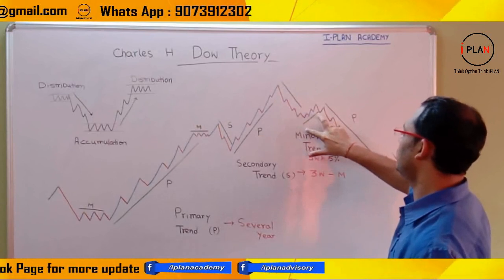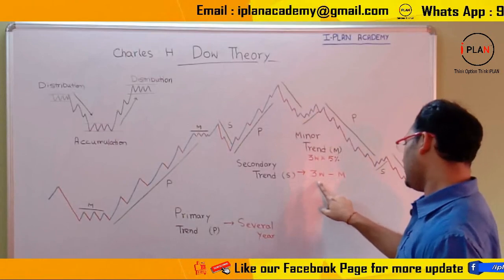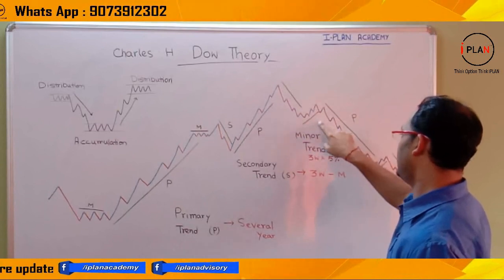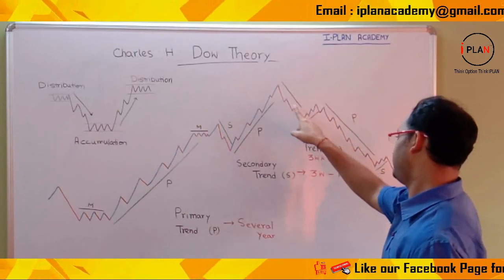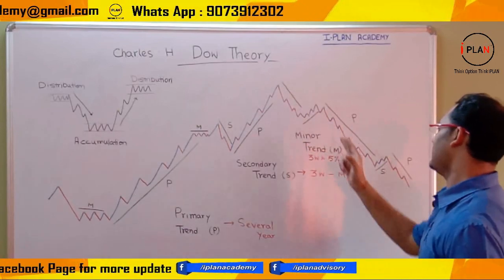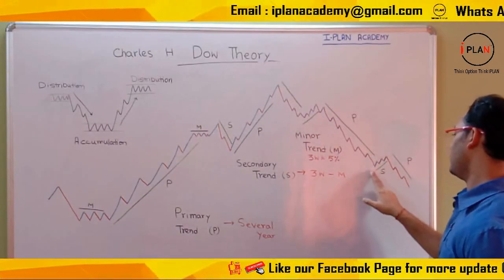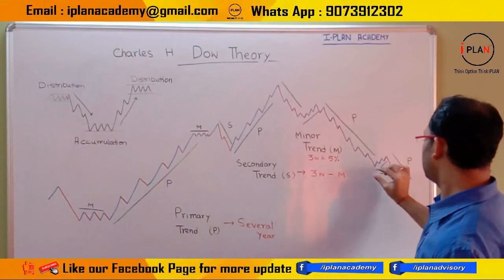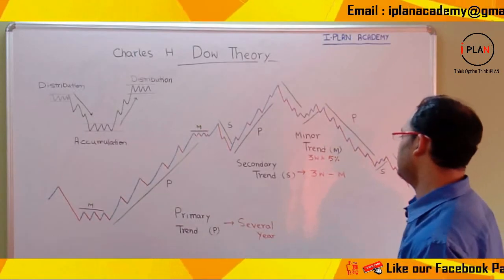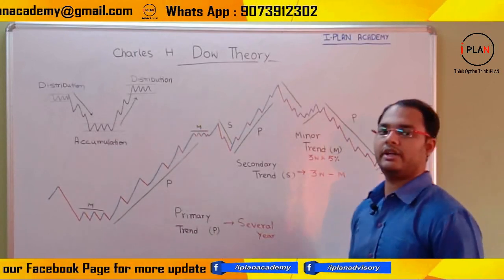That's why this movement is a secondary trend which will exist for 3 weeks to a month, and after the ending of this secondary trend, price will further move in the direction of the initial primary trend, and price will make a lower top or a new low, lower top, lower bottom, and in between there is a lot of small movement, a range bound movement, which is nothing but a minor trend which exists for 3 weeks or plus minus 5% movement.